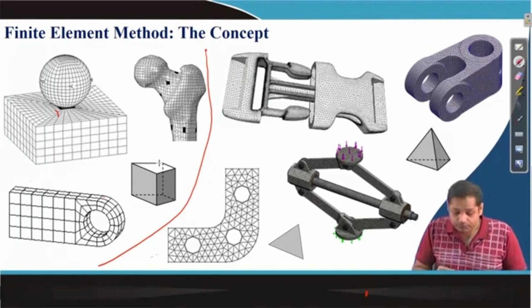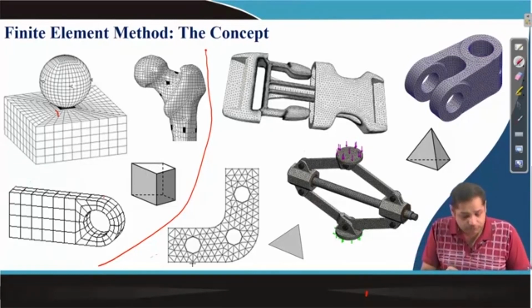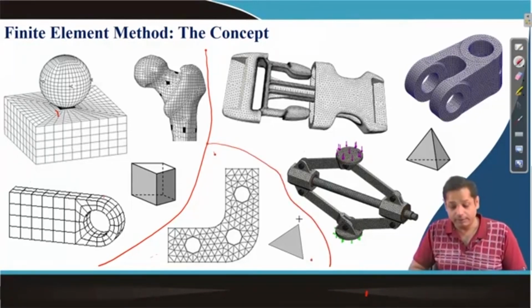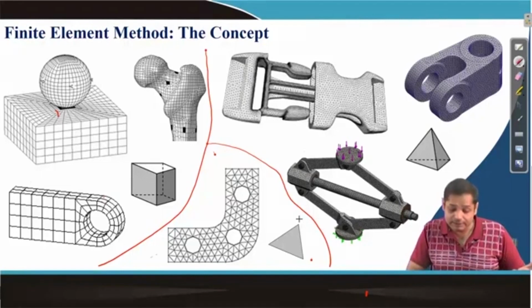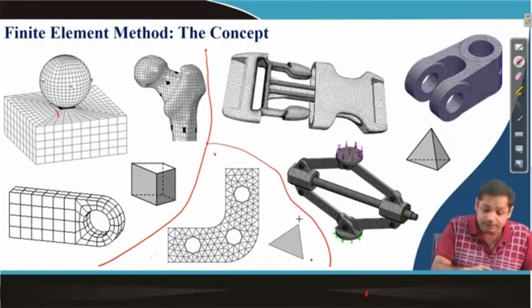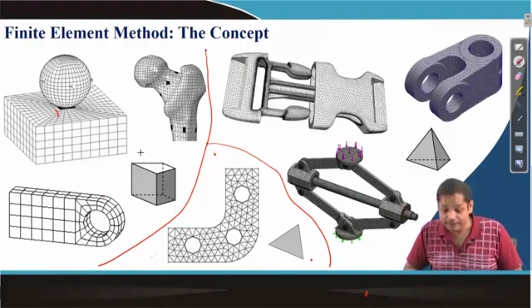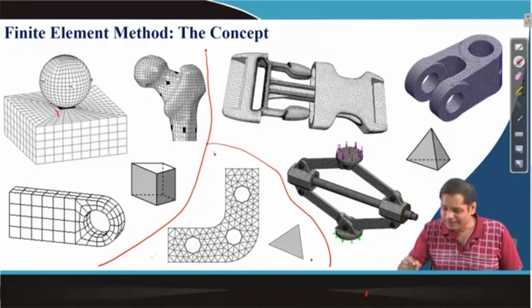Then we see some 2D problems. For instance, this is a 2D bracket and this is discretized with a two-dimensional triangular element, but we could have discretized with, say, quadrilateral elements as well. This 3D problem we could have discretized with, say, tetrahedron as well. For instance, in this case, these are the bracket, this is the jack you have already seen.